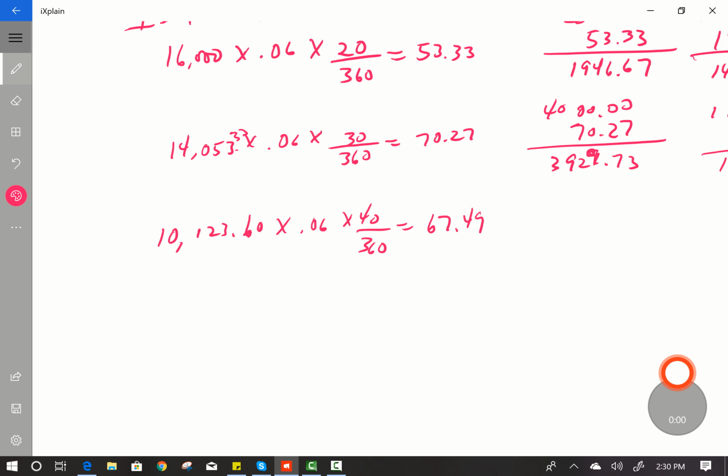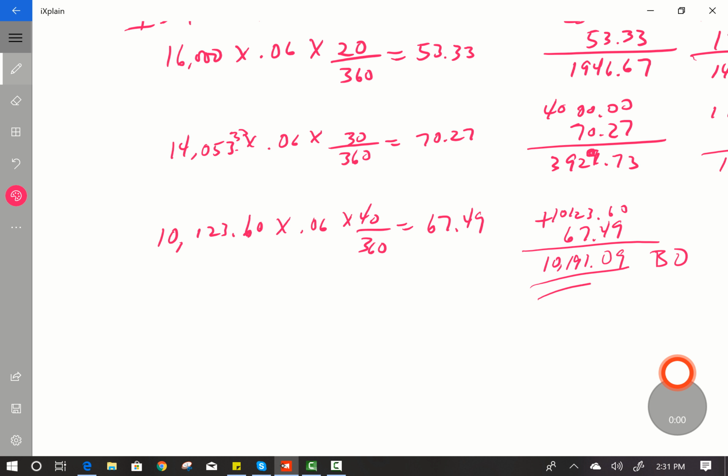Okay, now I'm going to take $67.49 and add it to the previous balance of $10,123.60, and my balance outstanding will be $10,191.09.